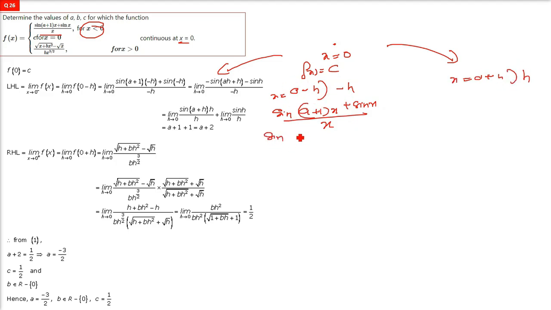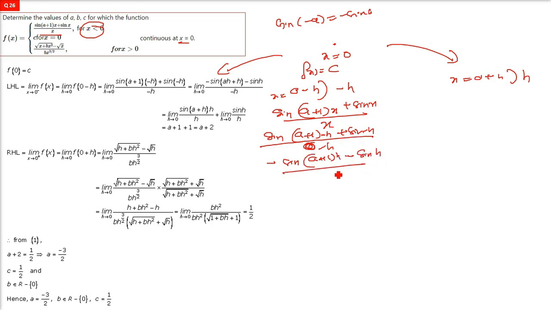So sin of (a plus 1) into minus h, because 0 minus h is minus h, and sin of minus h, again replacing x by minus h. The denominator x is 0 minus h. Okay, so sin minus theta is minus sin theta, so you have to take minus from both these sines. So minus sin of (a plus 1) h plus sin h, because minus we have already taken, since sin of minus theta is minus sin theta. The denominator is negative h, so you can take the negative outside from the numerator and it will get cancelled out with the denominator.